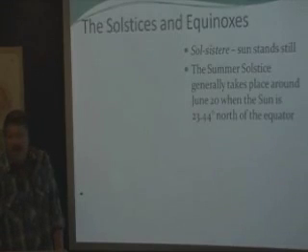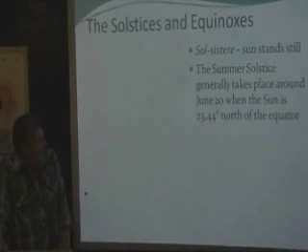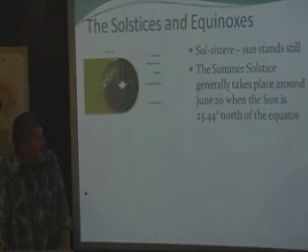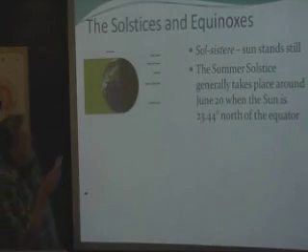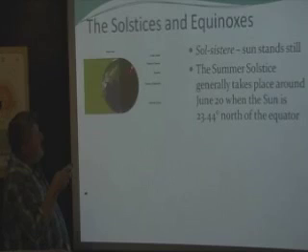The word solstice comes from the Latin sol sistere, which means the sun stands still. And the summer solstice takes place around June 20th. This is when the sun is 23 degrees, 44 minutes north of the equator, when it is sitting on the Tropic of Cancer, the furthest point north.